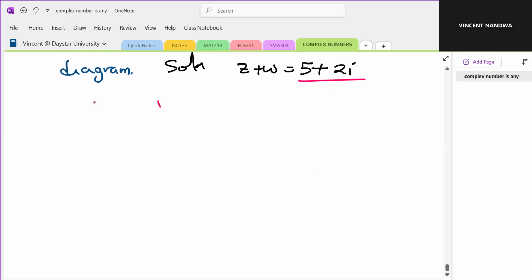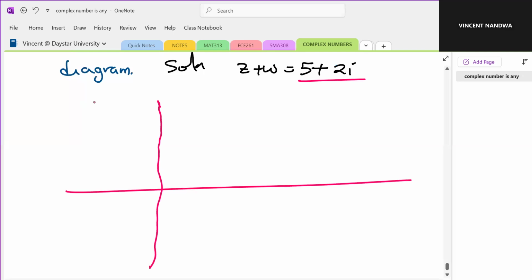So let this be the real axis. This be the imaginary axis.